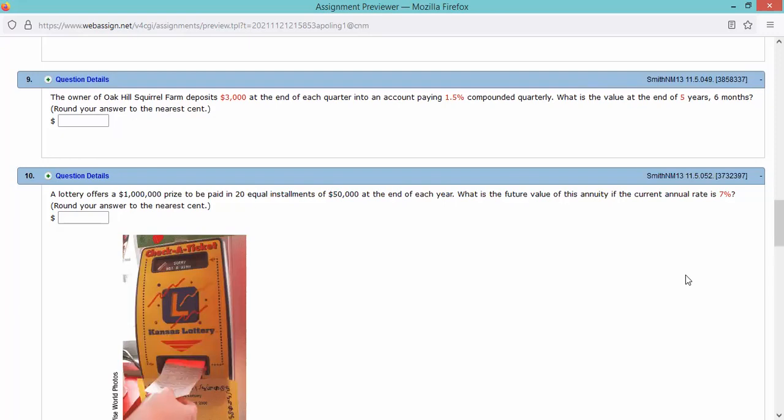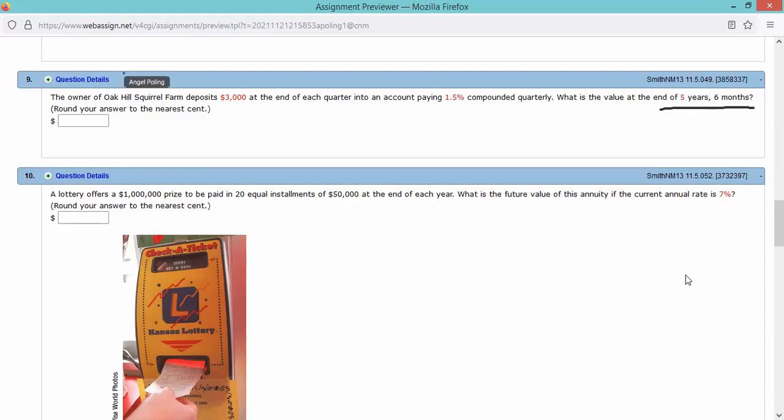The owner of Oak Squirrel Farm deposits $3,000 at the end of each quarter into an account paying 1.5% compounded quarterly. What is the value at the end of 5 years, 6 months? Okay, so this is different because the time is different.